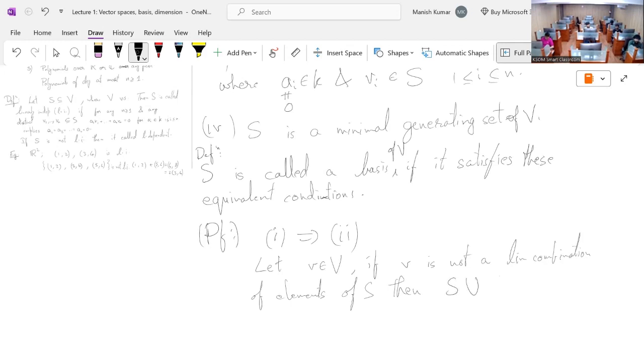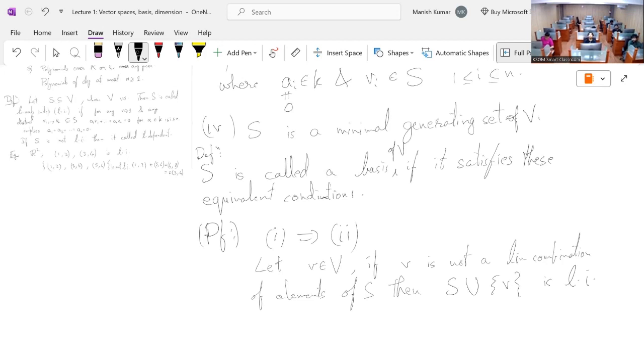S union v is linearly independent, because S was already linearly independent and v is not a linear combination of S.